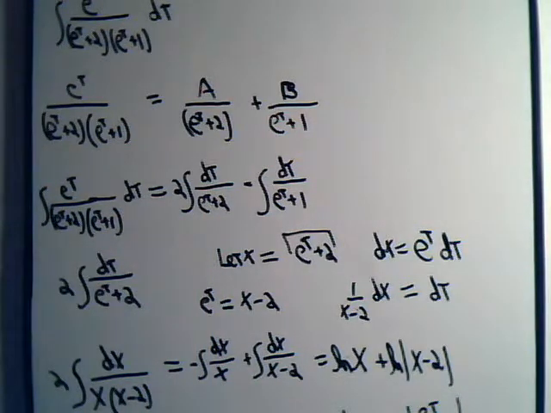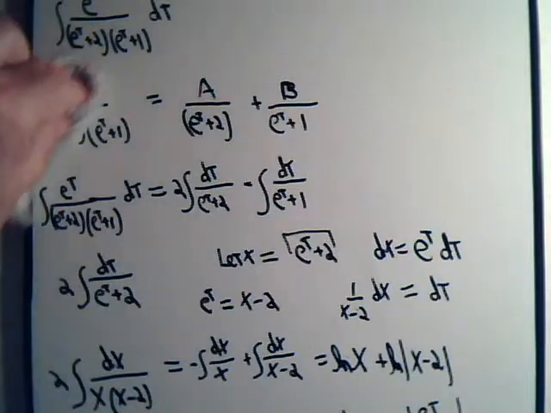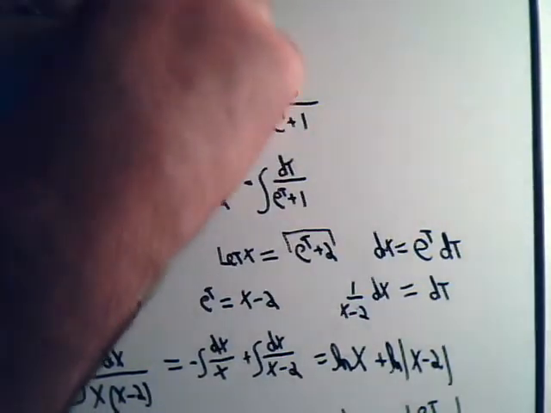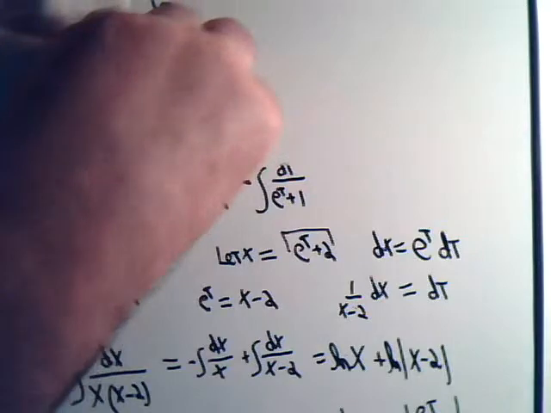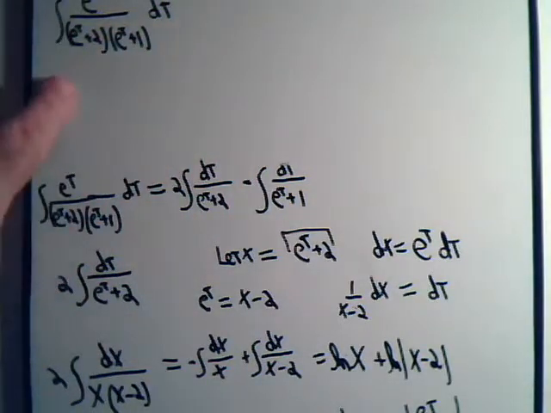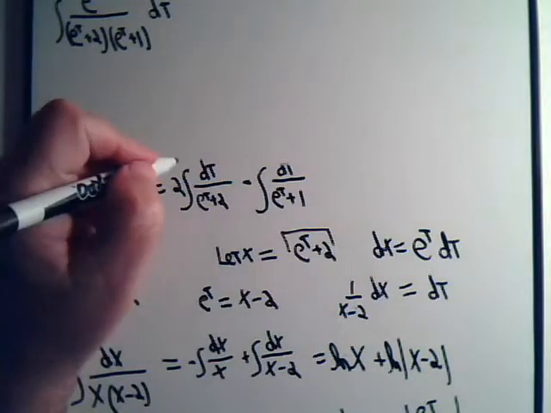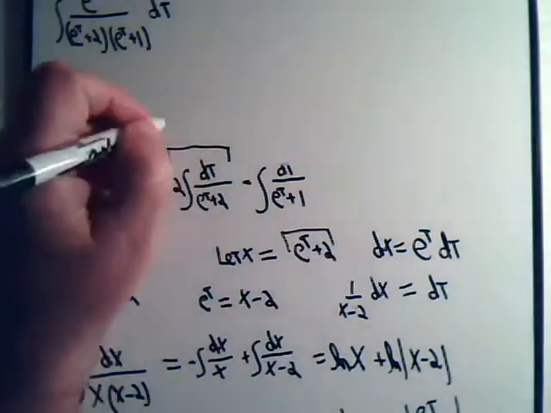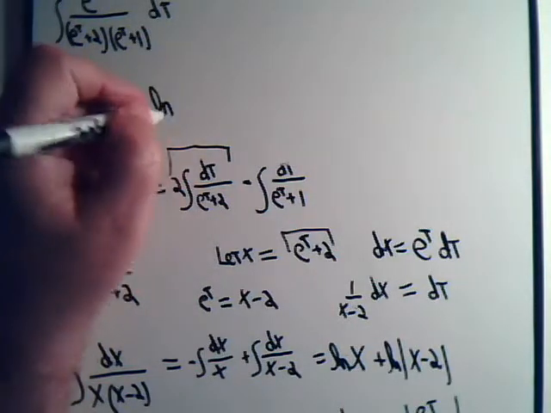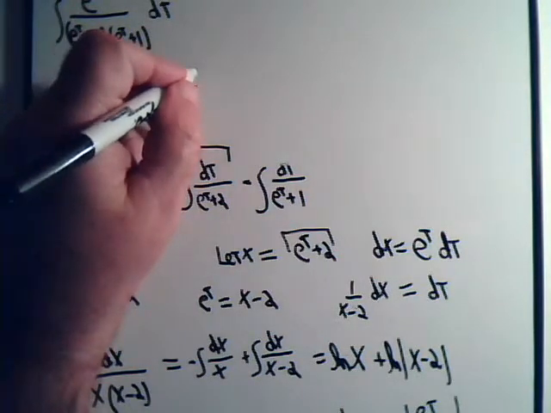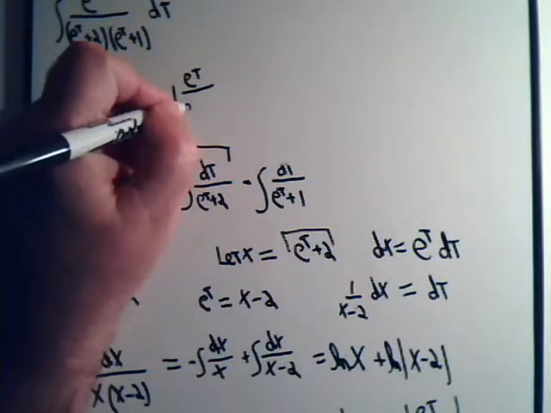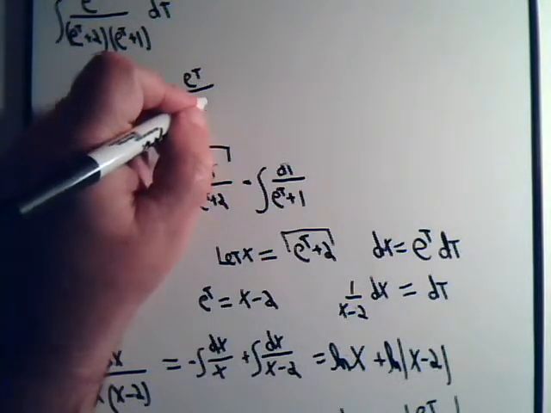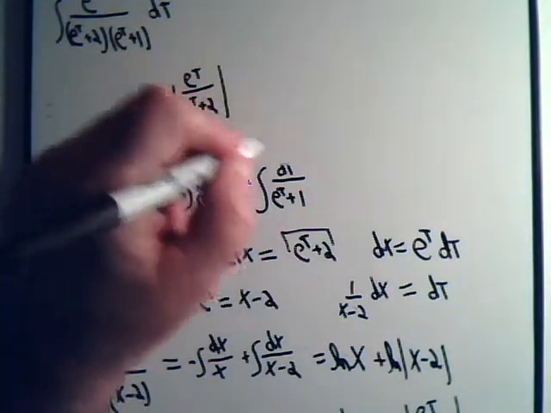So let's make some more room here. This integral right here is the natural log of e to the t divided by e to the t plus 2.